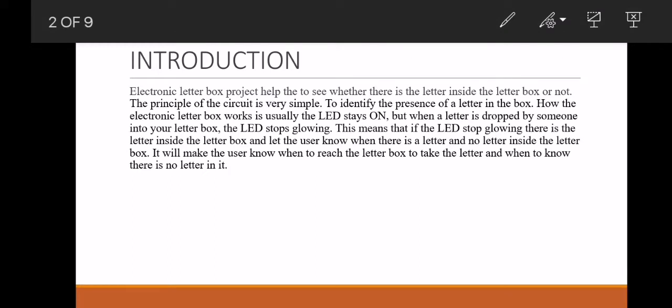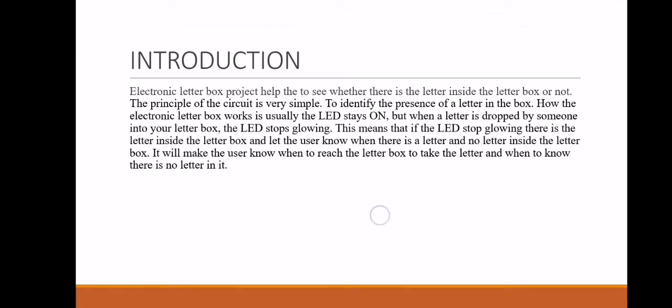So next, the introduction. The electronic letterbox project helps to see whether there is a letter inside the letterbox or not. The principle of the circuit is very simple. To identify the presence of a letter in the box, how the electronic letterbox works is that the LED usually stays on, but when a letter is dropped by someone into your letterbox, the LED stops glowing.